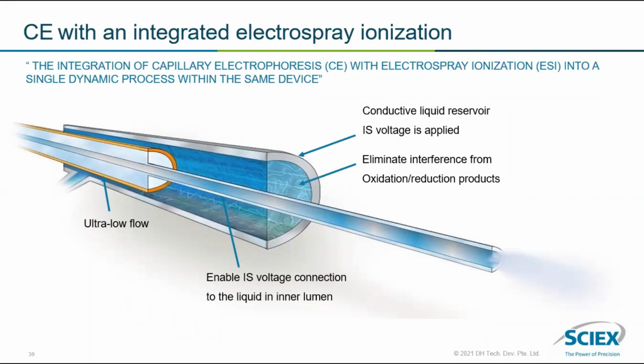So we apply the voltage from the ESI source to form the spray, and for the separation we apply the voltage from the CE instrument to get the separation of ions based on the charge and the size of the molecule. This technology will eliminate the interference from oxidation and reduction, and it will enhance the sensitivity of the separation. Basically, it increases ionization and decreases ion suppression, because the flow rate we are talking about is in nanoliter per minute.